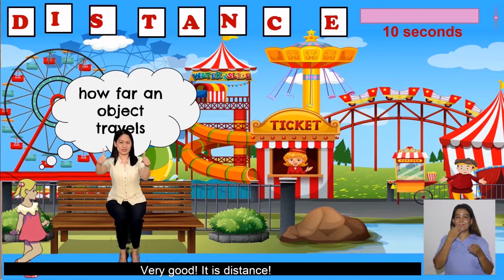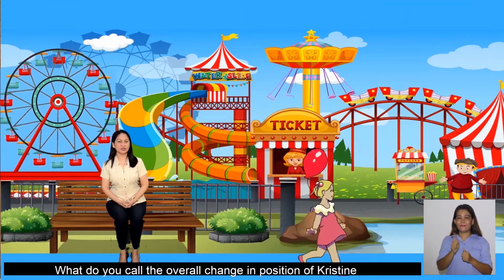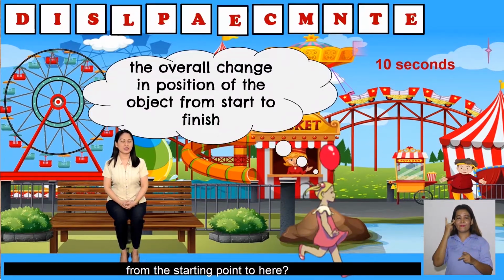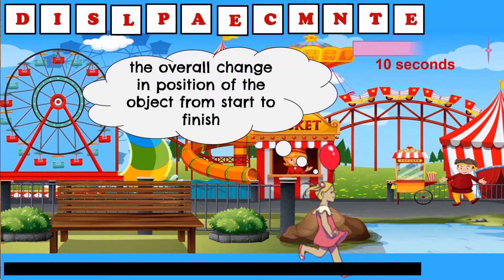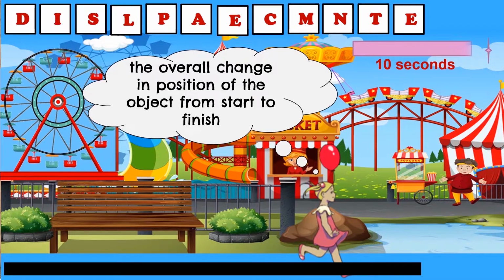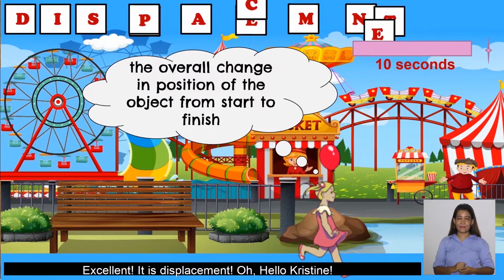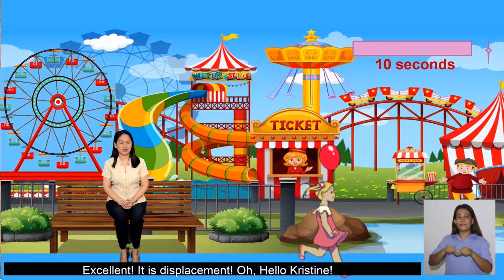Very good. It is distance. What do you call the overall change in position of Christine from the starting point to here? Excellent. It is displacement.